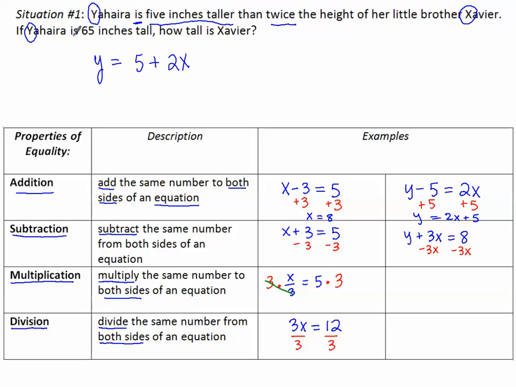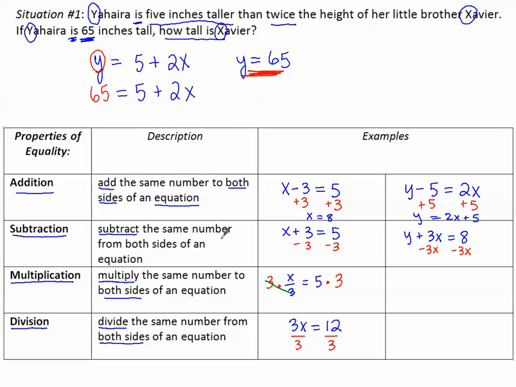If Yahira is 65 inches tall, how tall is Xavier? So they gave us this equation. I translated it to algebra, and then they said Yahira is 65 inches tall, so y is 65. I can use the substitution property, and in place of the y, I can put the 65. So I'm going to take out the y, and I'm going to put 65 in its place. 65 equals 5 plus 2x.